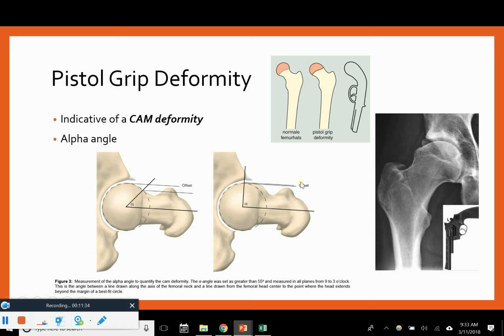There's offset, as they would call it, bony overgrowth that extends past what the normal 360 degrees looks like, so it's a more oblong circle. This projection of bone, as the hip rotates up, will make contact with the lip of the acetabulum, creating pain or labral pathology. This also can become painful itself.